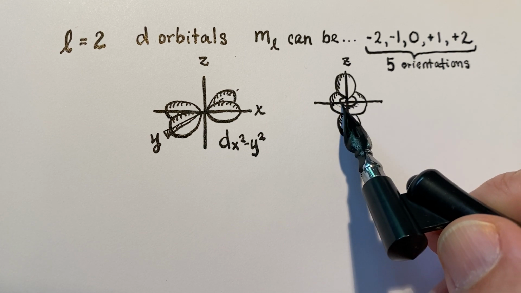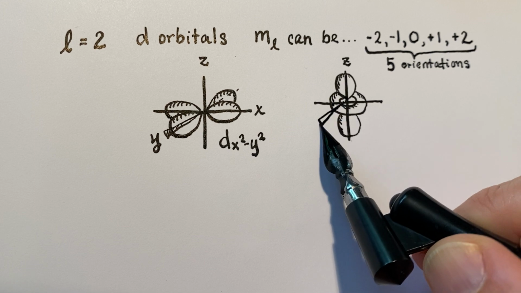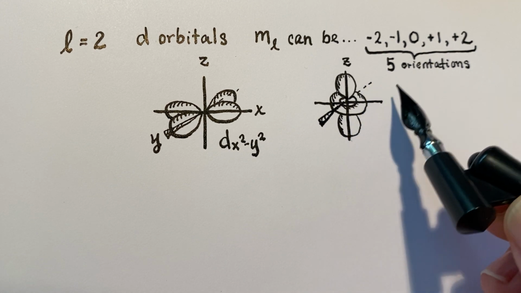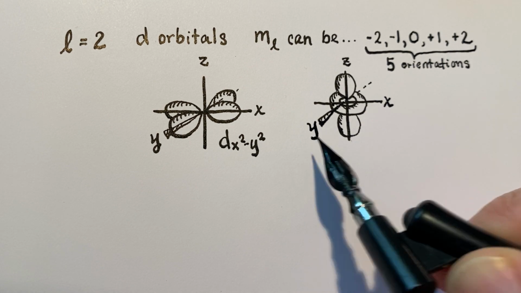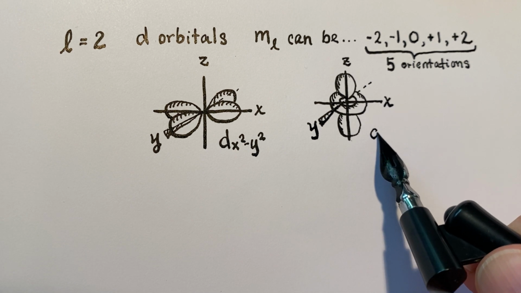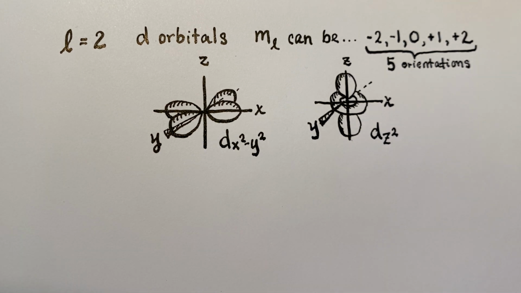And this donut lies on the xy plane. So let's not forget our axes. There's our x, there's our y. Okay, this is our dz squared d orbital.